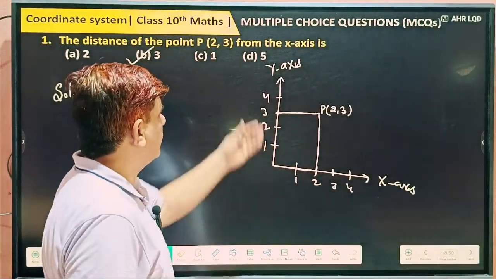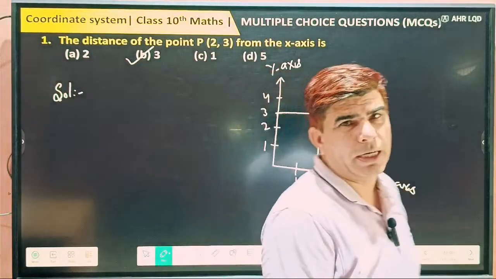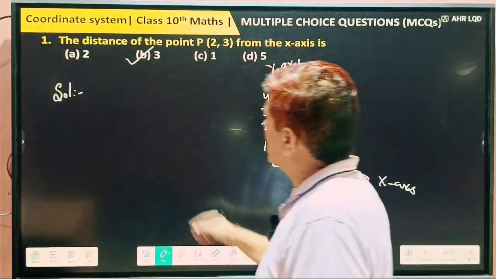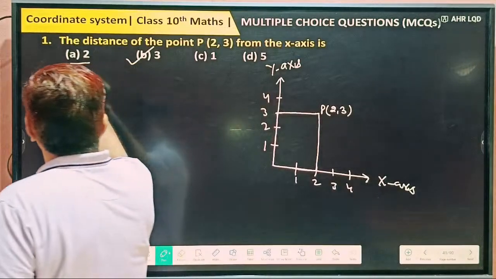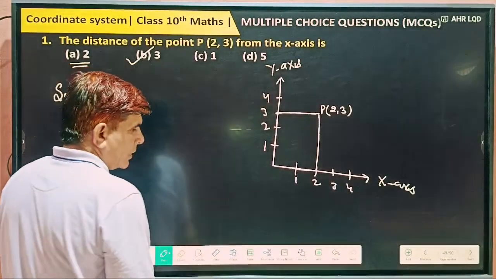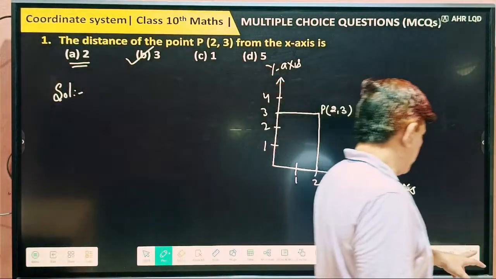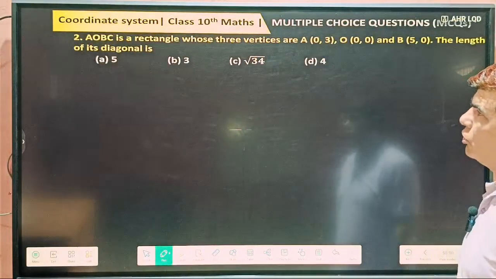B. And if in place of the x-axis they use the y-axis, then its answer is this. Got it? Simple one.